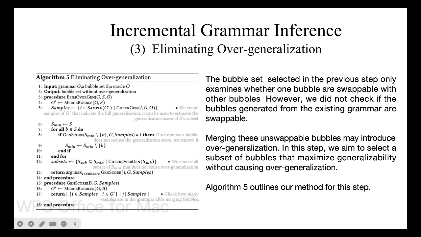However, we did not check whether the bubbles generated from the existing grammar are swappable. Merging these unswappable bubbles may introduce overgeneralization. In this step, we aim to select a subset of bubbles that maximizes generalizability without causing overgeneralization. Algorithm 5 outlines our method for this step.